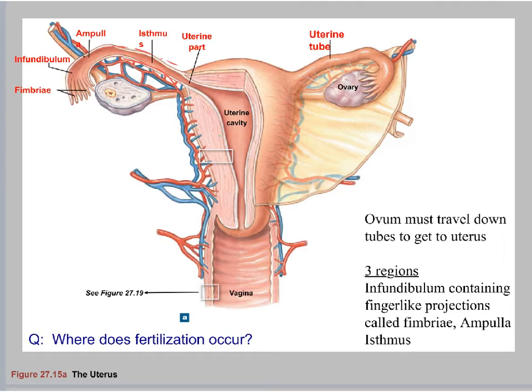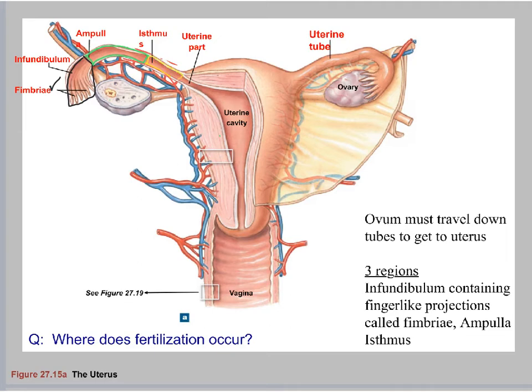Okay, so the infundibulum would be this region of the fallopian tubes, and it's the infundibulum that has the structures that we call fimbriae. The ampulla would be the next region, which would make up about this much of the fallopian tube. And then the remaining is what we call the isthmus.